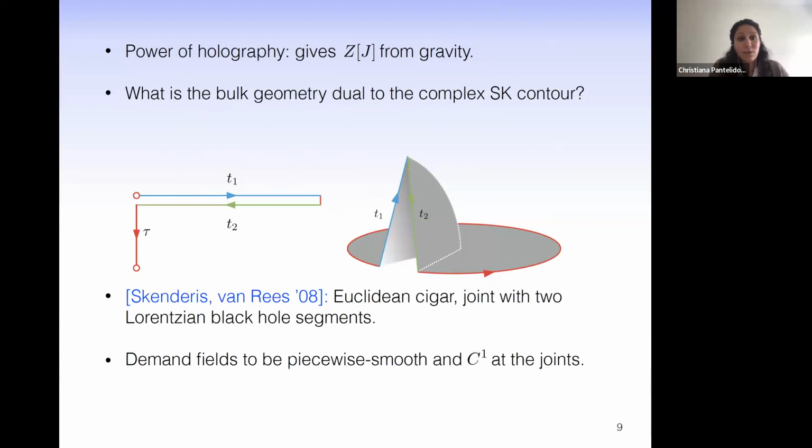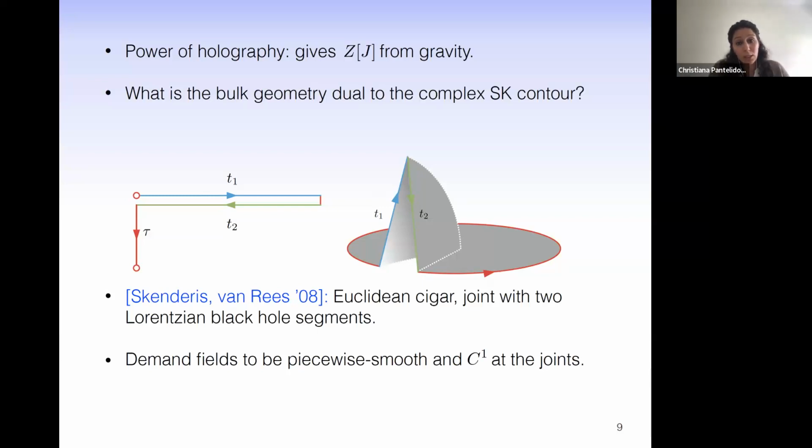So this gives rise to the following question: what is the bulk geometry that is dual to this complex Schwinger-Keldysh contour? And this is precisely the question that Skenderis and van Rees answered in their paper in 2008.